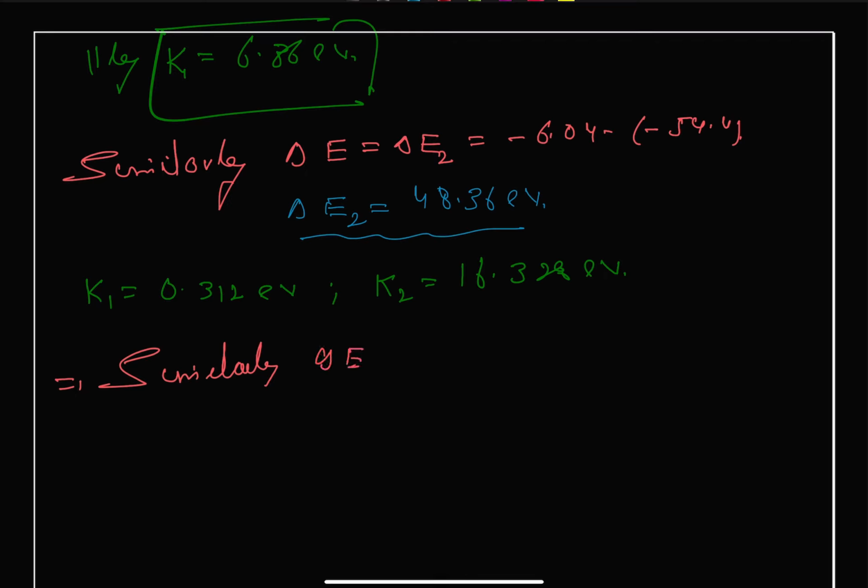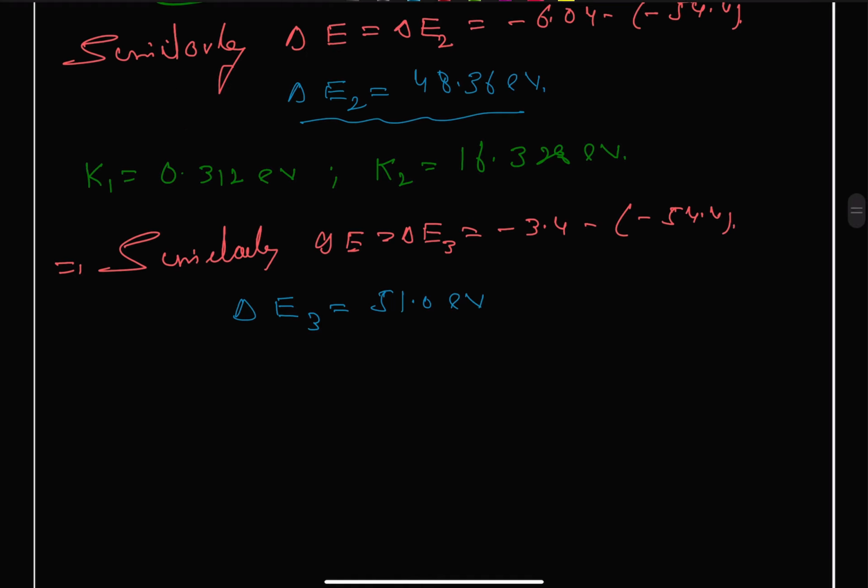Delta E is equal to delta E3, which gives us minus 3.4 minus of minus 54.4, and we get our delta E3 will be equal to 0 electron volt.